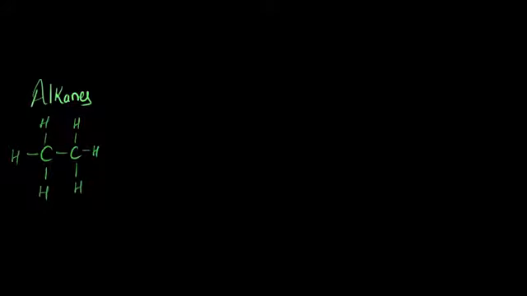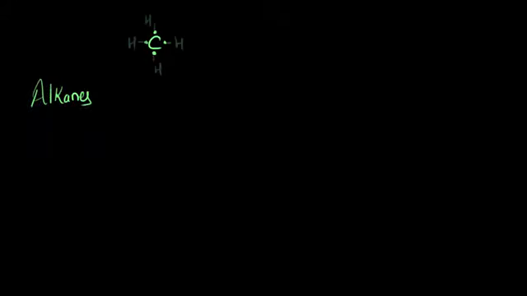So probably the simplest alkane is going to be one with a single carbon: methane. And this carbon is going to have 4 valence electrons, which it will be sharing with 4 hydrogen atoms to fulfill its octet and be stable. So this is the first member of the alkane family. But that's not it.